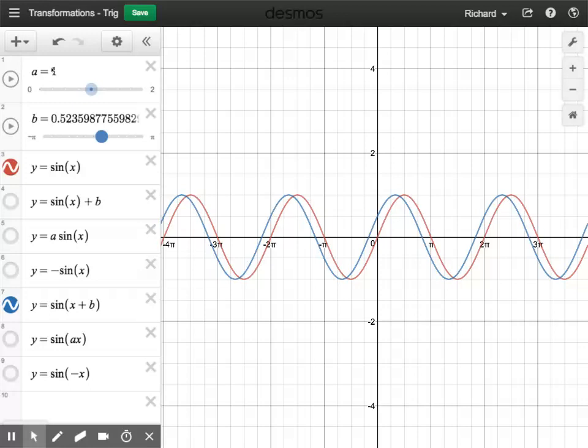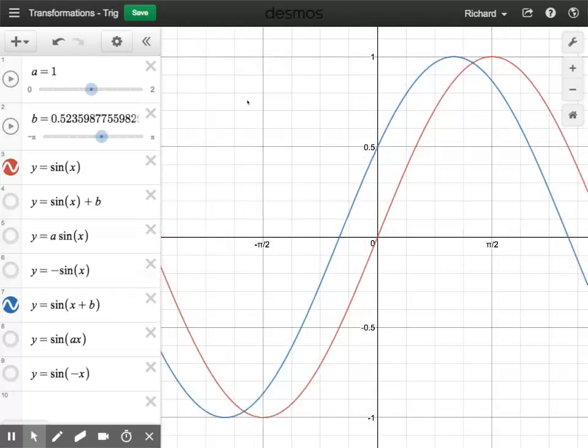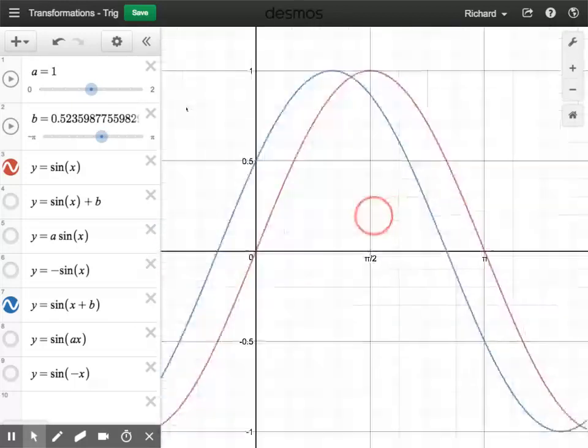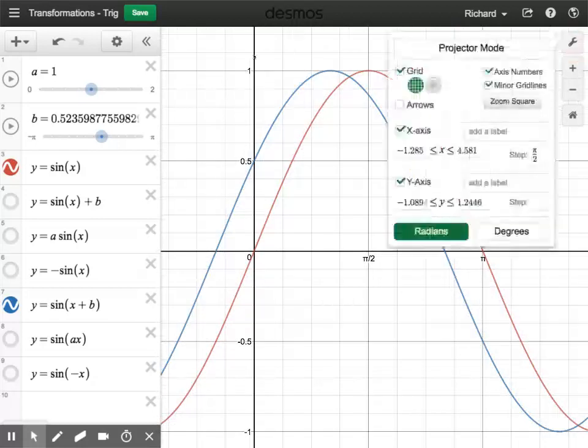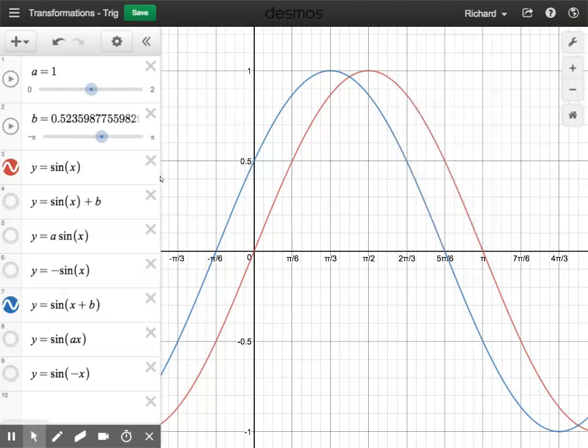You can't really see on that graph, I know, but if I zoom in, there you go. You can see that what was pi is now 5 pi on 6. What was 0 is negative pi on 6.